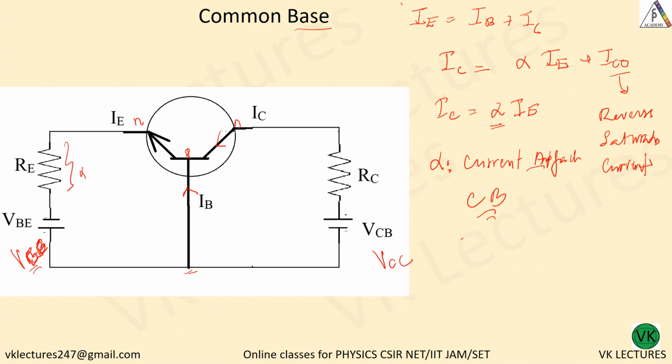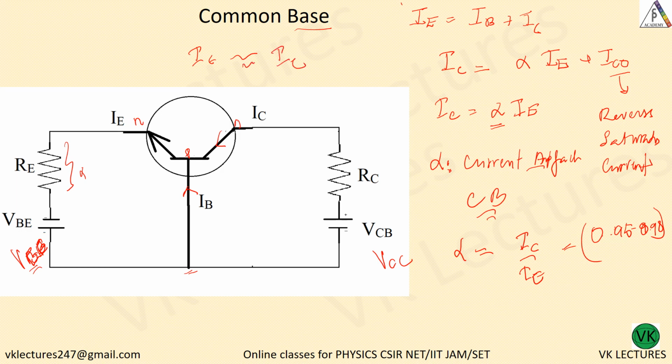Now what we can write? Alpha is equal to IC by IE. The value is around 0.95 to 0.98. That means maximum current, IE will be almost equal to IC.